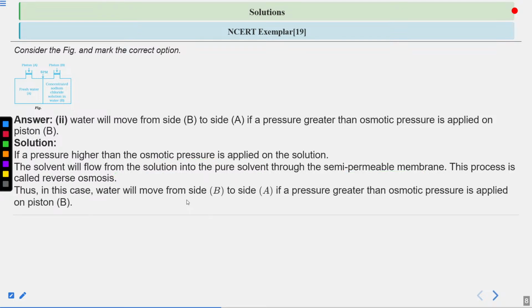Thus, in this case, the water will move from the side B to the side A as per the given diagram if a pressure greater than osmotic pressure is applied on the piston B. If you apply outside pressure on the piston, the water will move from the side B to the side A, as per the osmotic pressure concept. So that is why the correct statement regarding this figure is option B. Okay, let's move on to the next one.